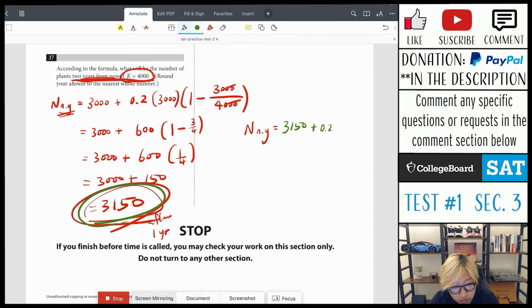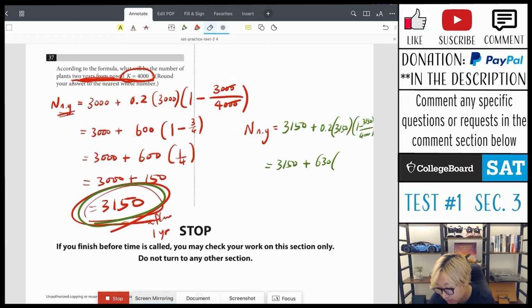So 0.2 this year 3,150 times 1 minus 3,150 over 4,000. One more round basically. So this is equal to 3,150 plus 0.2 times 3,150, which is 630, times 1 minus 3,150 over 4,000. Just do that in your calculator. I wouldn't do that in my head.